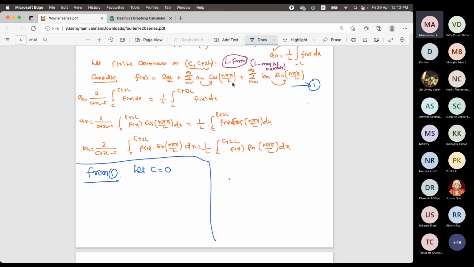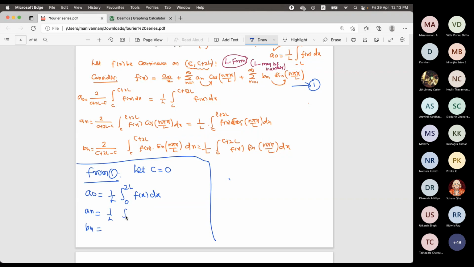The series is the same. What is a naught, a_n, b_n? Can you tell me? A naught is 1 by L integral from 0 to 2L of f of x dx, right?